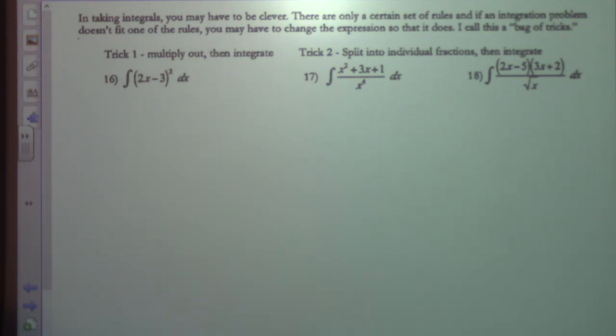So if we multiply this out and integrate, that's going to be 4x squared minus 12x plus 9, dx all that. Okay, so that's the trick.